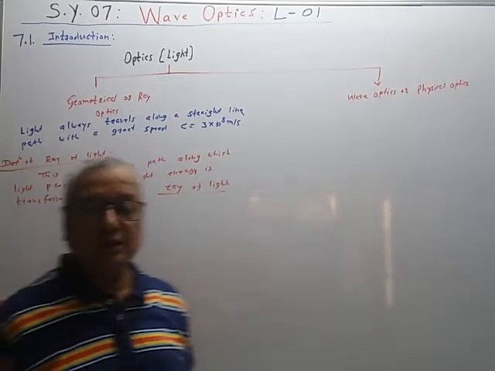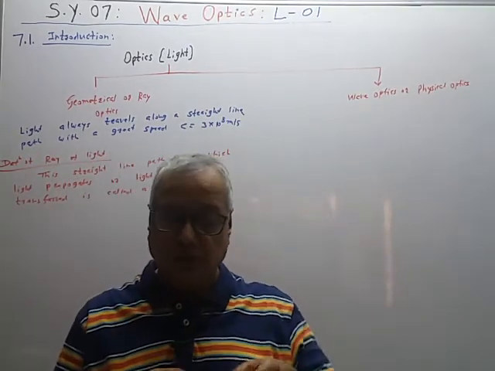The straight line path of the light energy is called a ray of light.